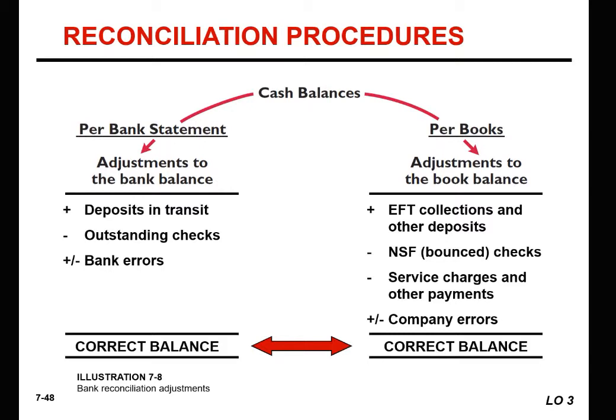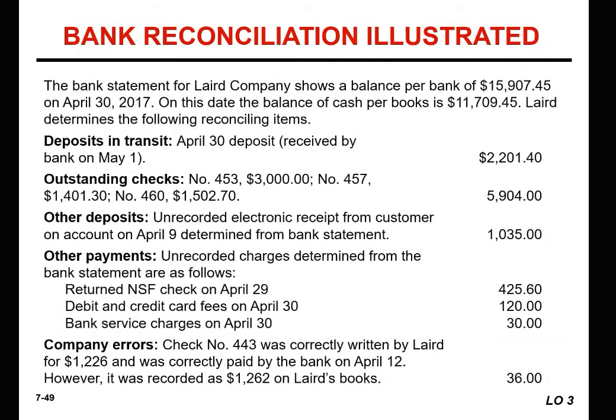So we're going to illustrate an actual bank reconciliation. Here we have the bank statement for Laird Company, which shows a balance per the bank of $15,907.45 on April 30th, 2017. On this date, the balance of cash per the books is $11,709.45.